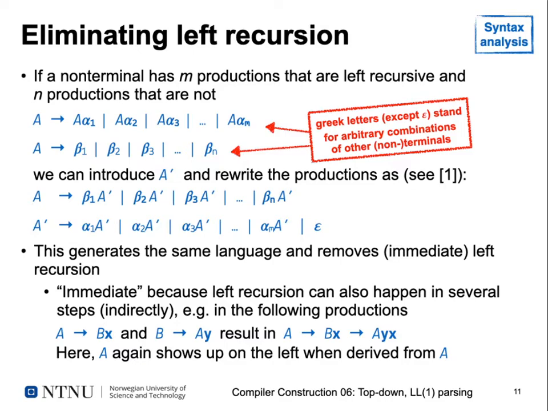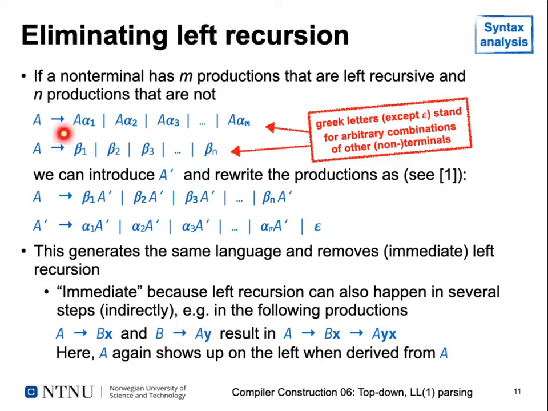In these rules, we have Greek letters introduced, like alphas and betas. The Greek letters here stand for some arbitrary combinations of other terminal and non-terminal symbols, with the exception, of course, of the epsilon, which we already introduced as the terminal symbol standing for the empty string. So we have some left recursive productions here for A, so A derives A alpha 1 or A alpha 2 and so on.